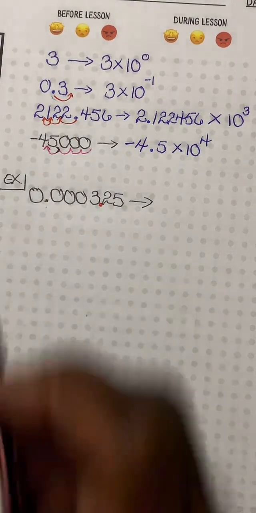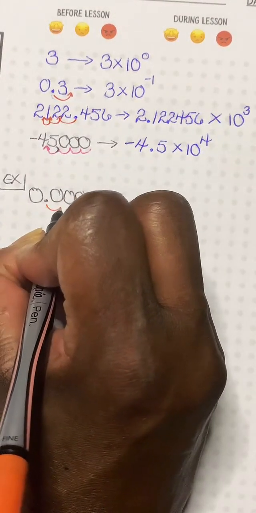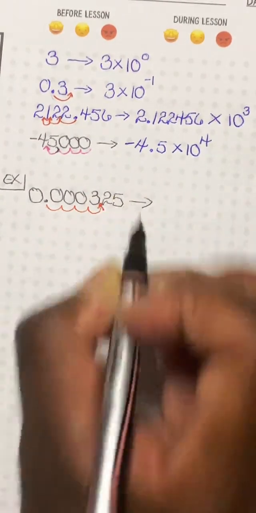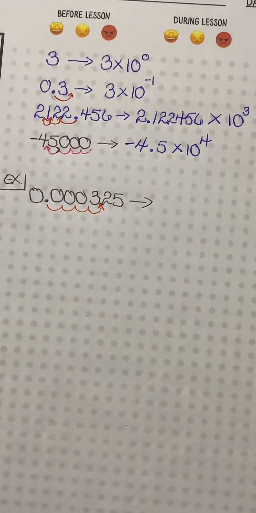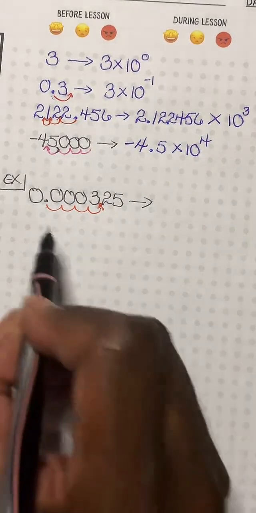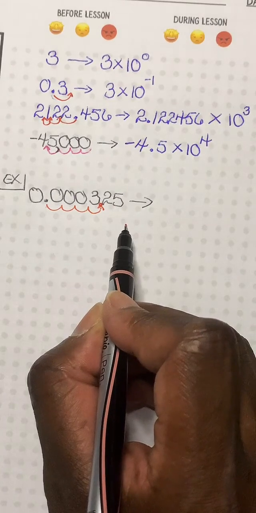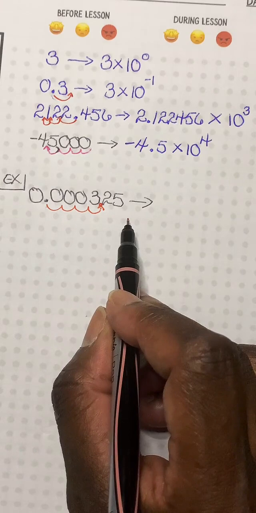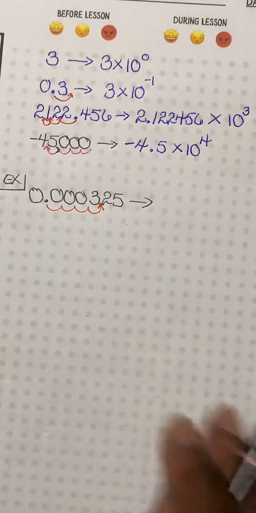So we have to move this decimal place over 1, 2, 3, 4. And notice what direction we're going in. Okay, we're going to the right. So if we're going to the right, that means we're dealing with a negative exponent.